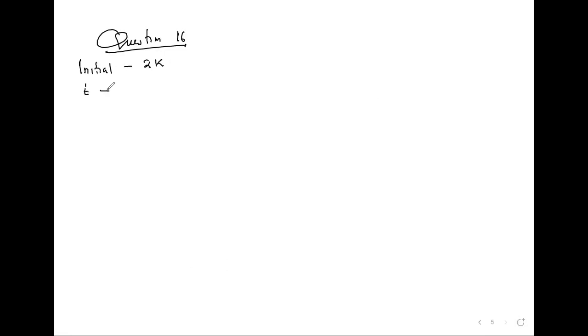In 7,250 years, there will be 1.5 kgs left. Determine the exponential decay equation.